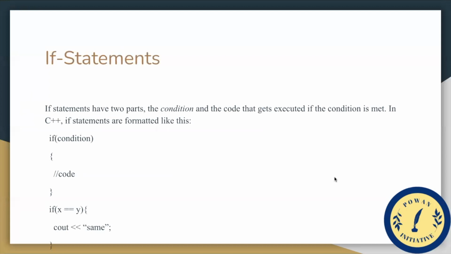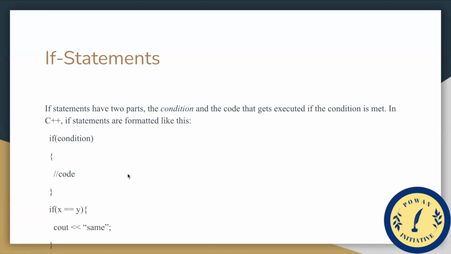Okay, now let's take a look at if statements. So we already talked about how if statements function as gates within programs where certain lines of code are run if a certain condition is met. Another important thing to note is that it's pretty much like English, where if a condition is met, then you do something. Like if I go to the store, I'll probably just go in the store and buy groceries or something.